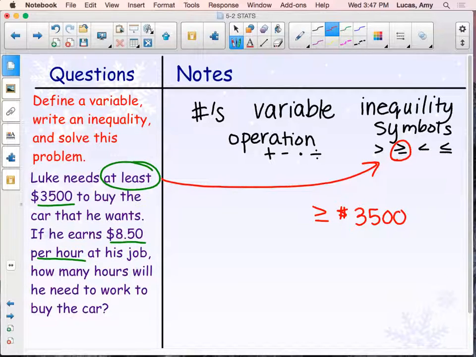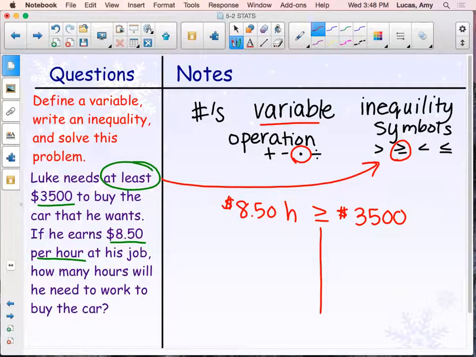He makes $8.50 per hour at his job. So my number is $8.50. My operation is going to be multiplication. And my variable, I'm going to use h because it says how many hours will he need to work. So this is my inequality. $8.50 per hour means that you're multiplying the $8.50 by the h.